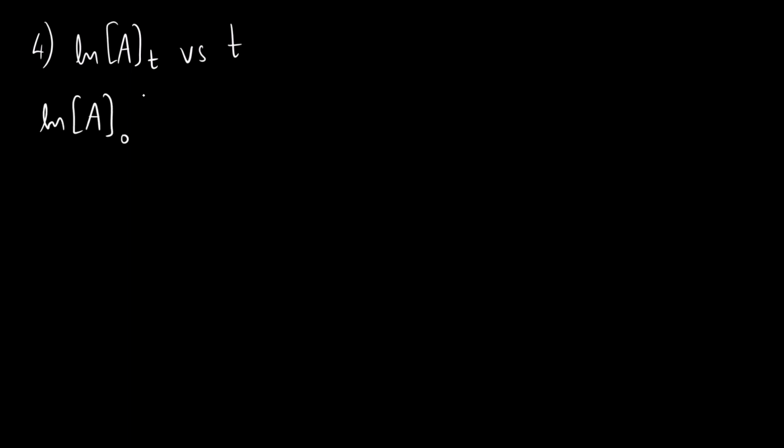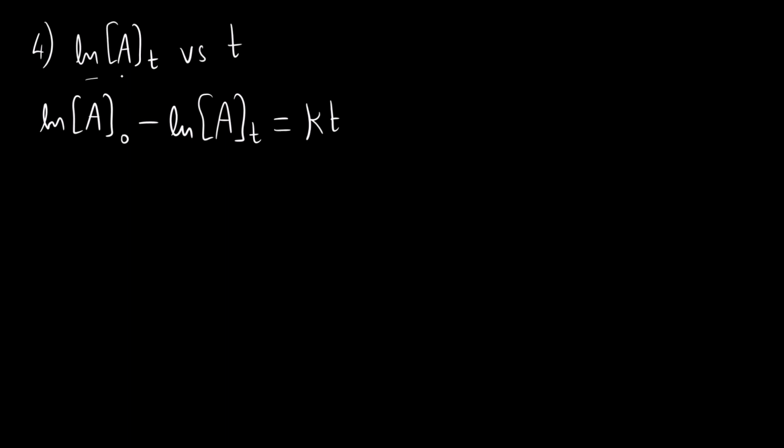Now one more graph we have to see. The plot of ln of at versus time t. Now we had seen the equation ln of a naught minus ln of at is equal to kt.